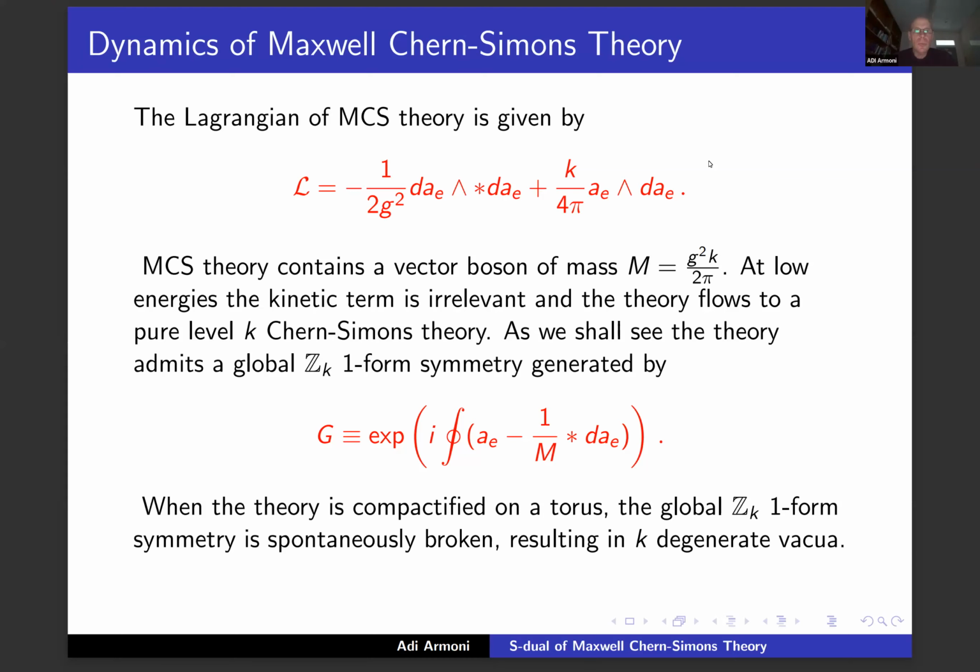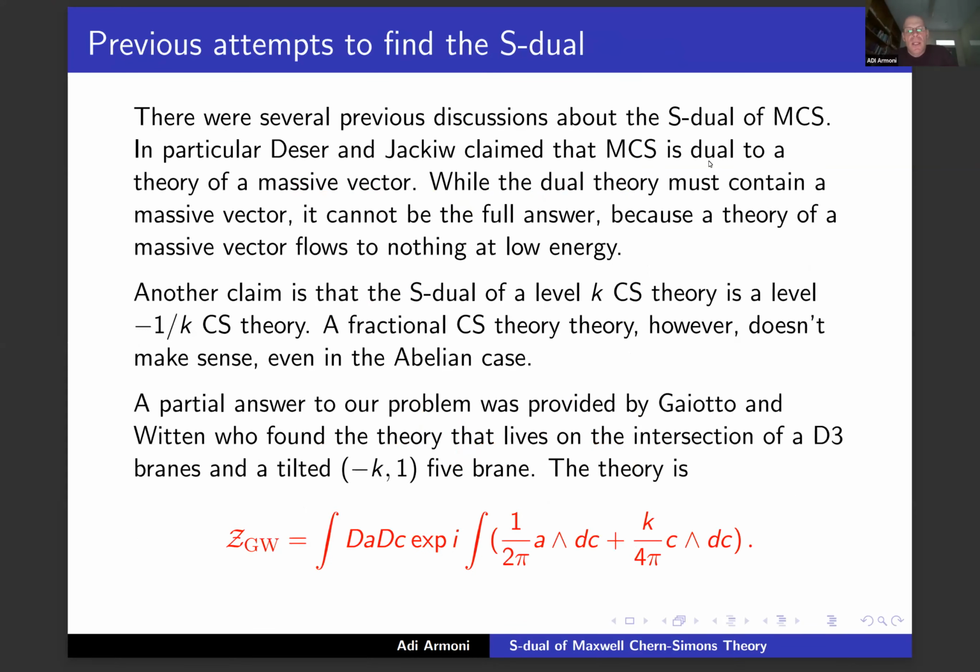Again, let me mention previous works. The most important piece is a work by Deser and Jackiw, and what they argued is that they can find the S-dual, or a theory which is equivalent to Maxwell-Chern-Simons, and they wrote a theory of a massive vector.